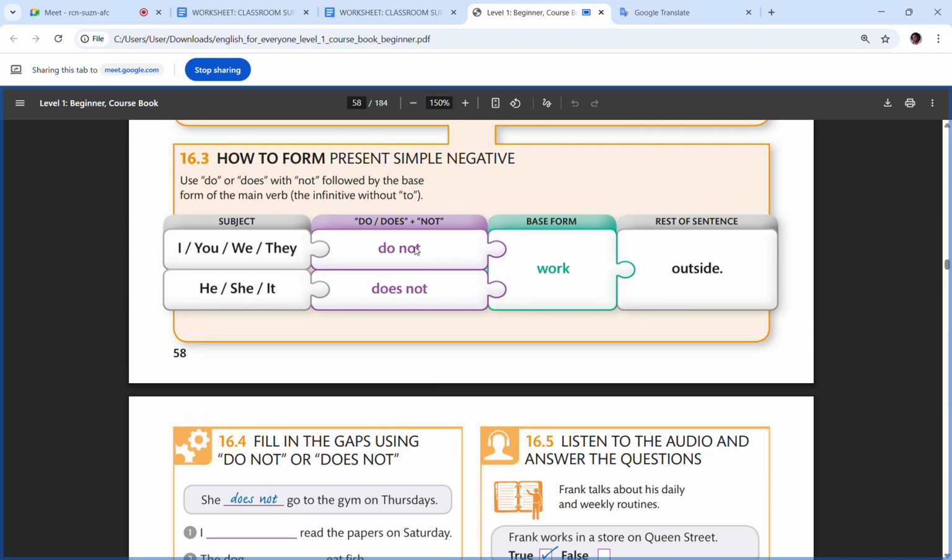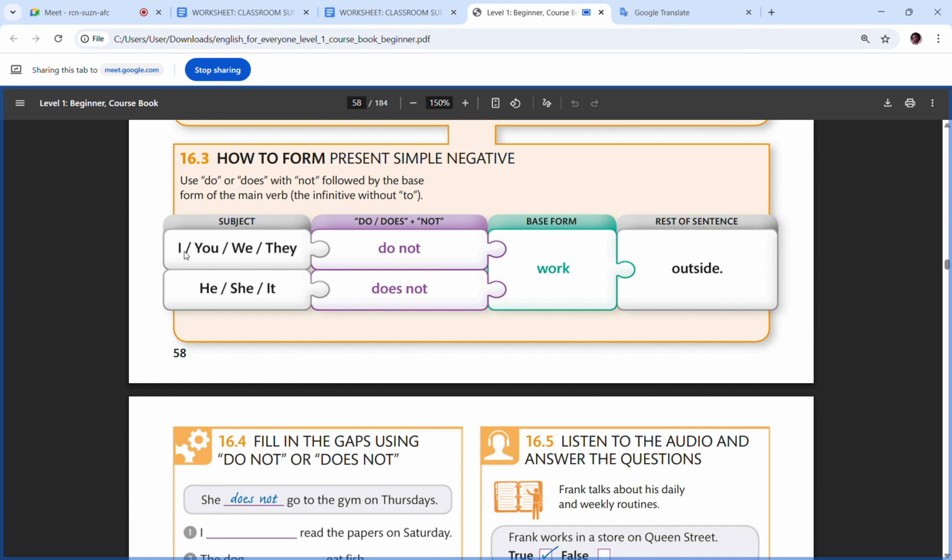We said that to form negative sentences in the present simple tense, you use do or does with not, followed by the base form of the main verb.